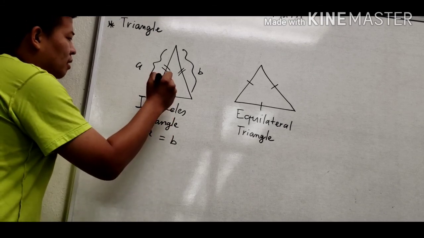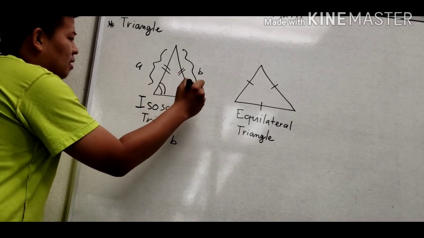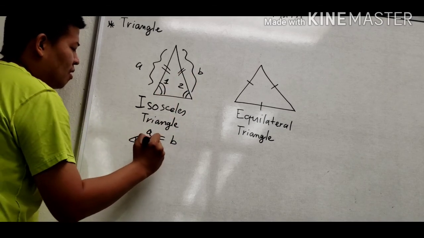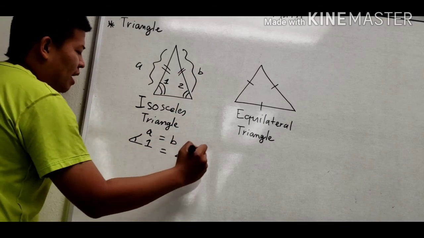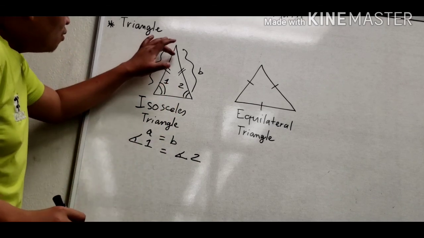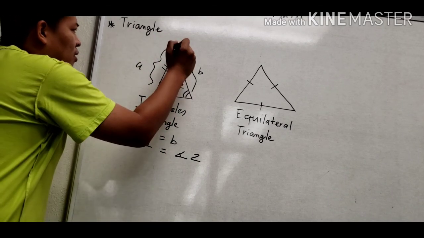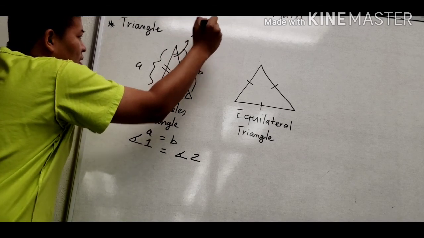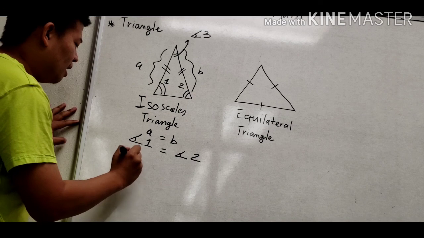And the next one, the angle number 1 will be equal to the angle number 2 in the isosceles triangle. So if you want to find the angle number 3 on the top here, you will have the formula like this.